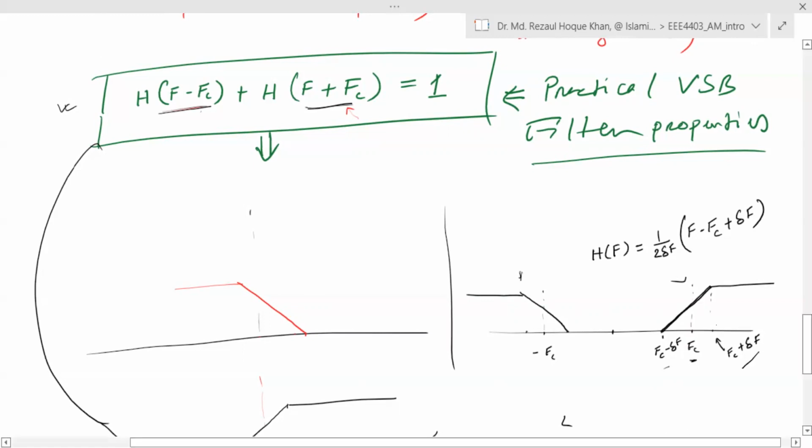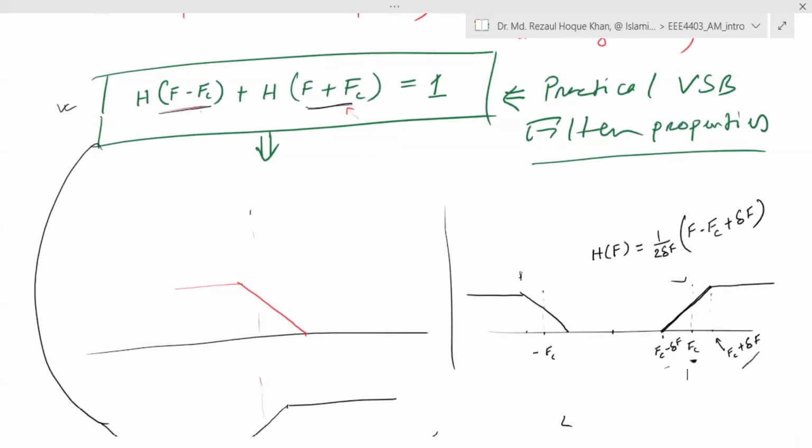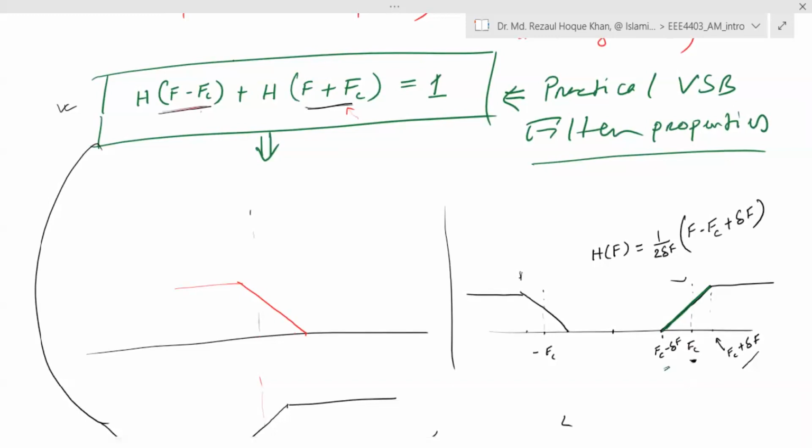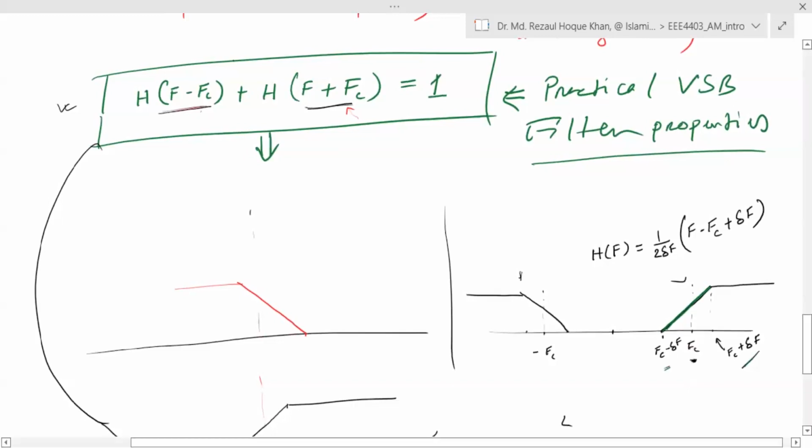So this is the symmetry about the midpoint FC, and the linearity increases. Here we can see this is a linear slope. So the linearity increases from this area to this point, and FC is the midpoint.